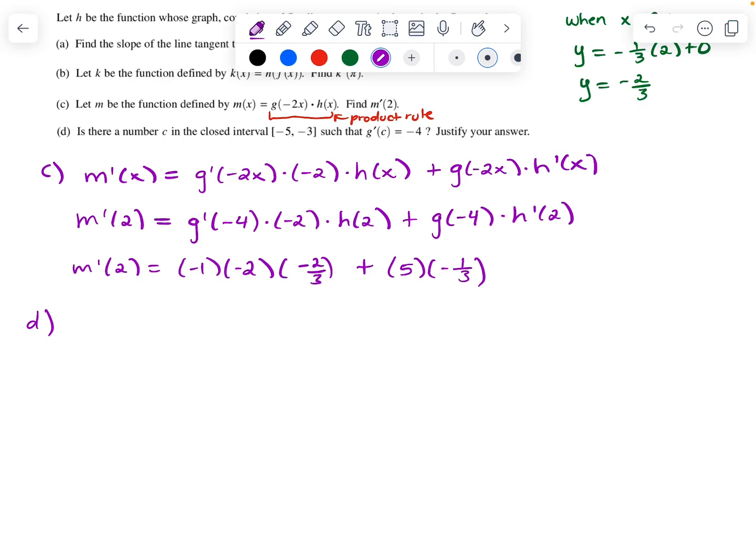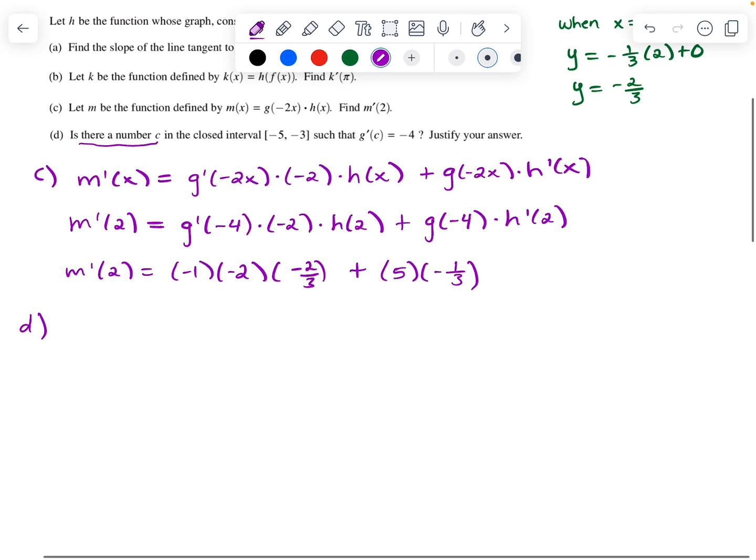So now it says, is there a number c in the closed interval [-5, -3] such that g prime of c is equal to -4? This shouts existence theorem, so I'm thinking that this is going to be MVT, IVT, or EVT.